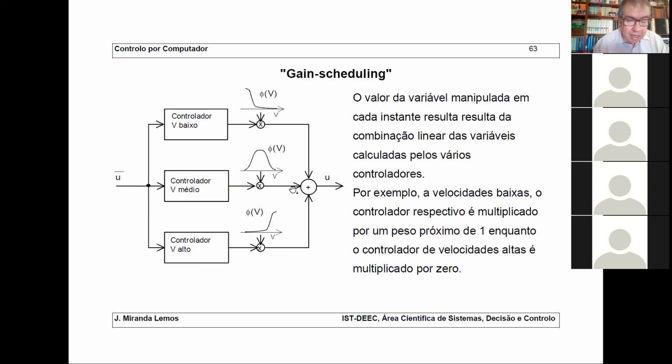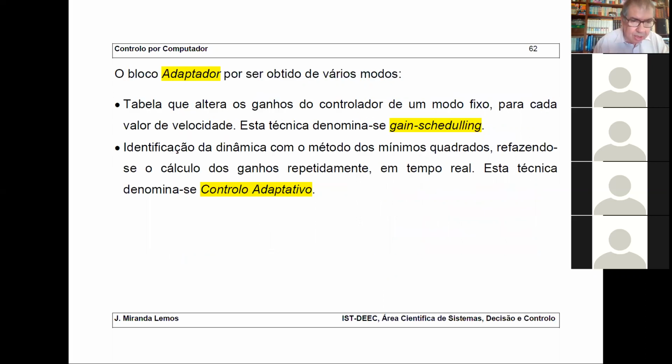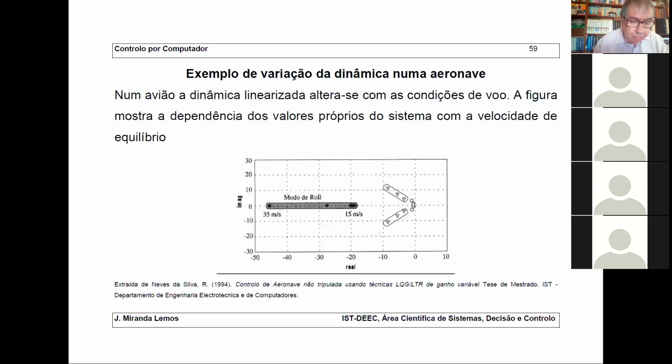So you are, in a sense, interpolating the 3 possible controllers. In a car, you have as many as 16 different controllers for different combinations of the process variables.